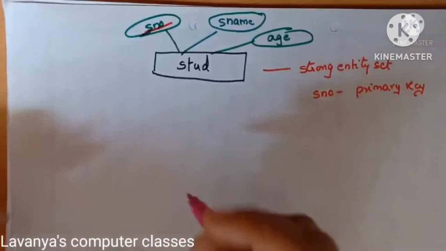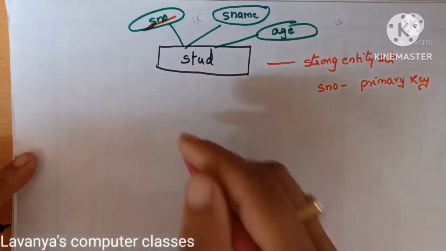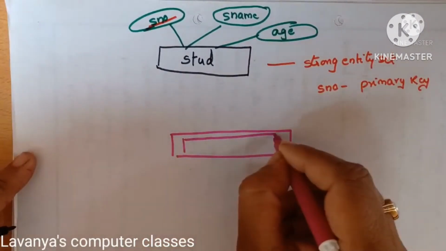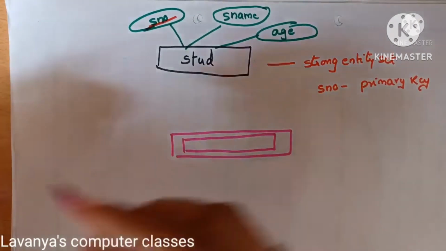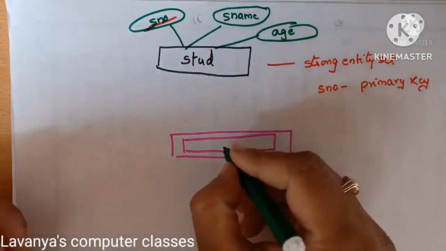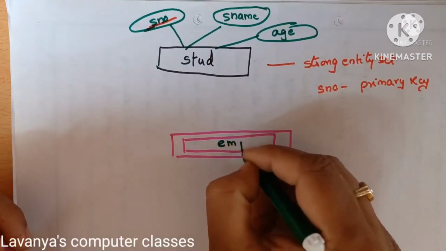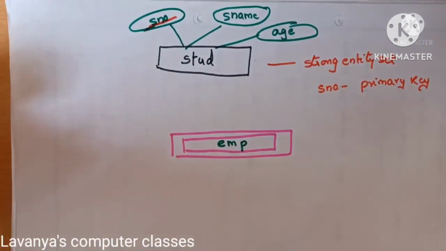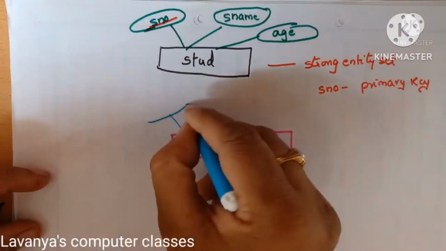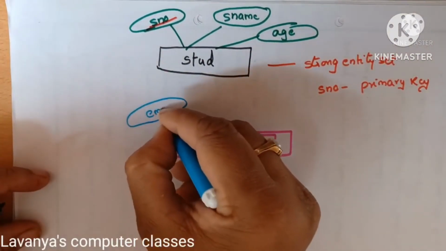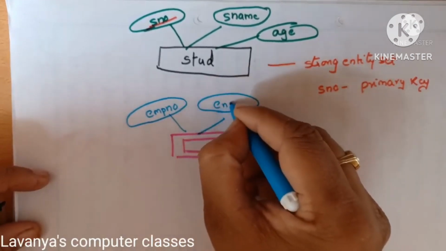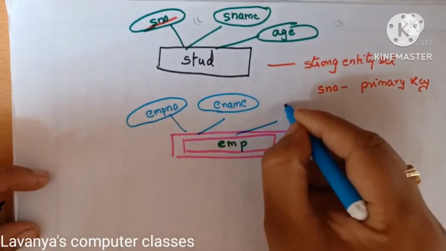Weak entity set means there is no primary key concept. Double rectangle. Inside the double rectangle we use an employee table. The employee table has employee number, employee name, and organization name.